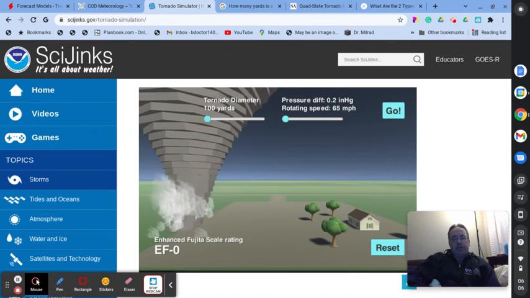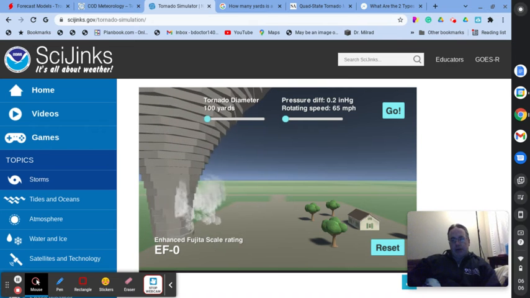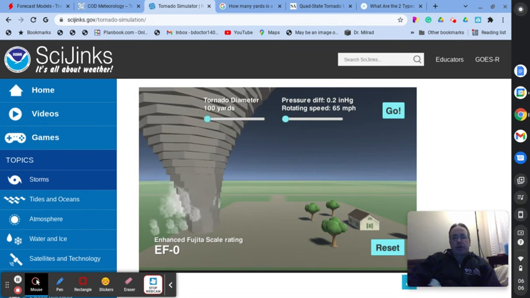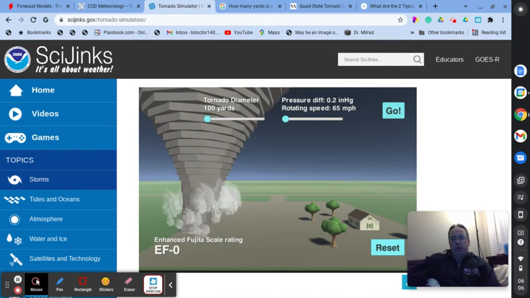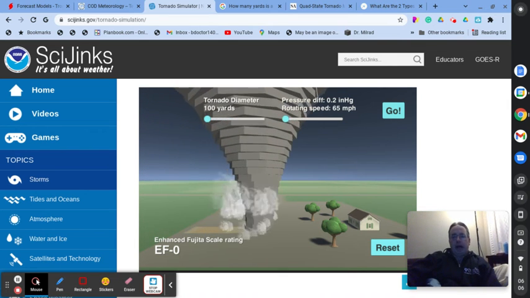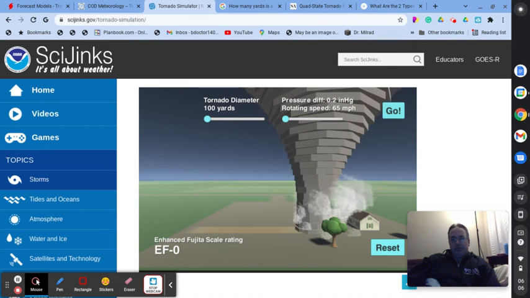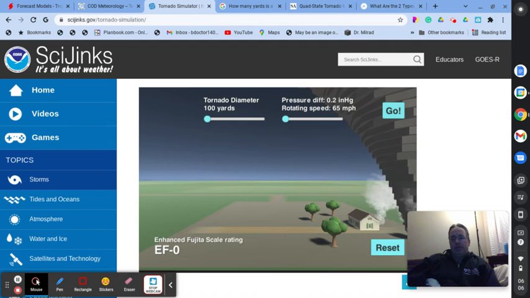So if this was an EF0, if this tornado was 100 yards in diameter, meaning the size of a football field, and we had a rotating speed of 65 miles per hour, this would be the damage. As you can see, it would be damaging, but it wouldn't be devastating. It would just kind of cut a swath.